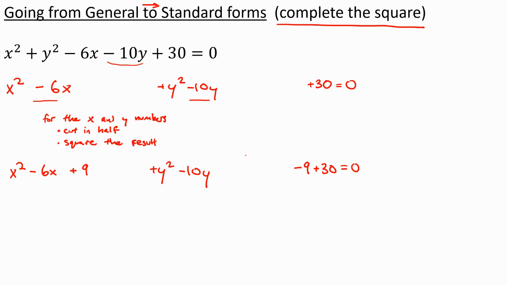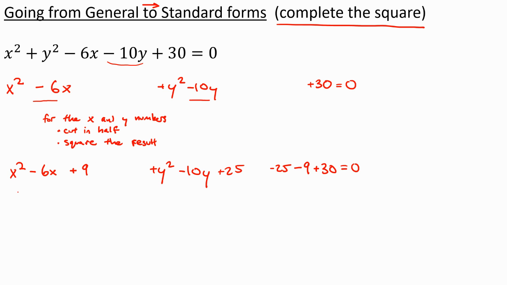So technically, we're allowed to do this because I'm correcting it as we go. We're subtracting out 9 on the right. Okay, now we have to do the same thing with the -10. So cut it in half. That's -5. Square that. It's plus 25. So we're going to add 25. And over on the right, we're going to subtract 25 too.